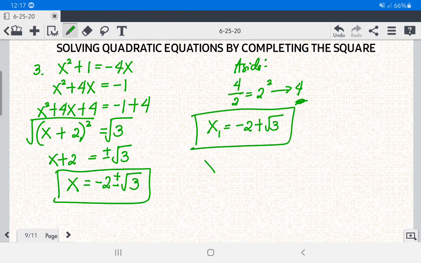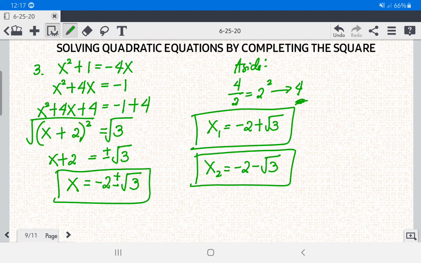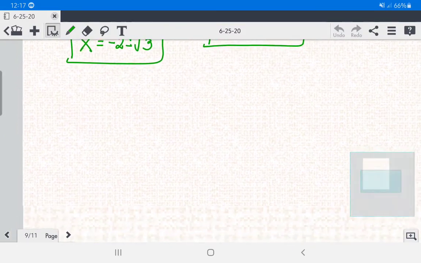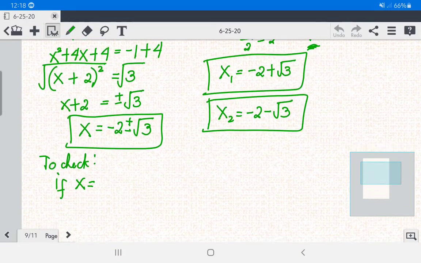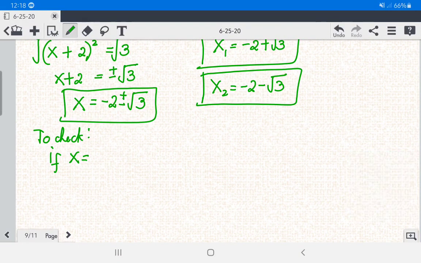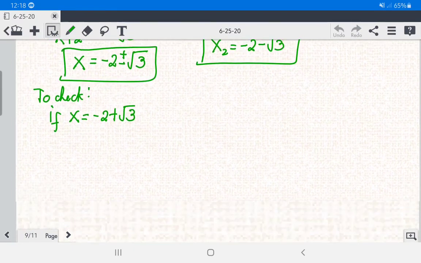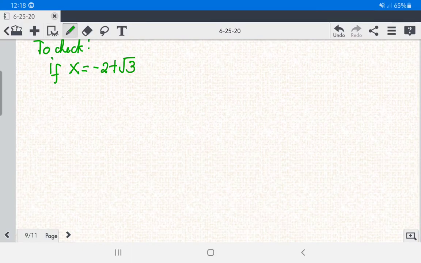Second solution is negative 2 minus square root of 3. Okay. Next, let us check. So to check if x is equal to negative 2 plus square root of 3, using the original equation, we have x squared plus 1 equals negative 4x.